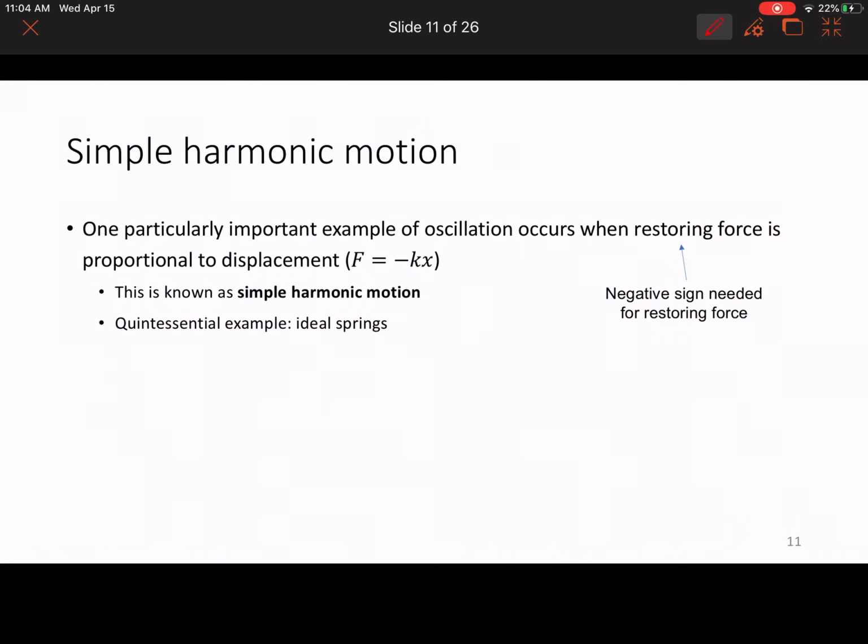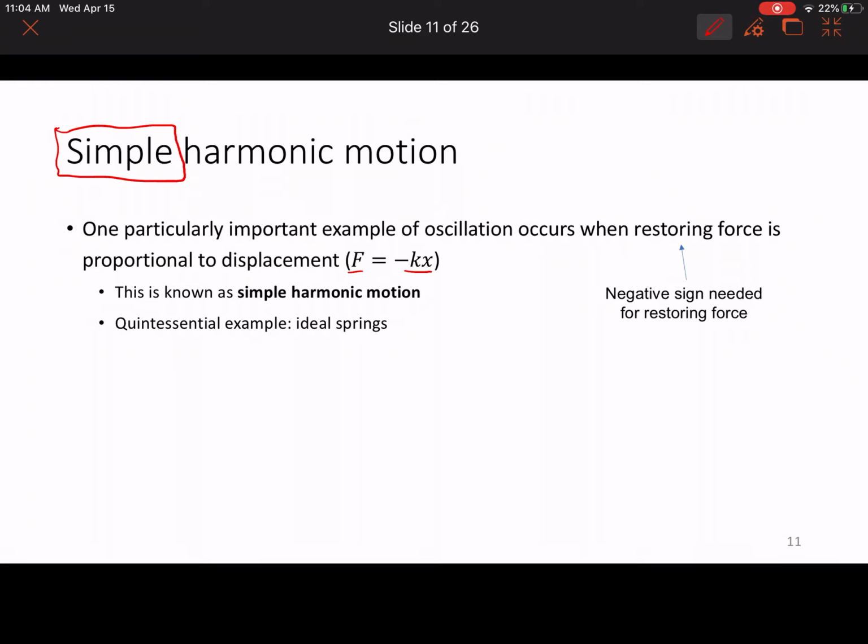Now the rest of today's class is going to be talking about a very special, very, very important example of harmonic motion called simple harmonic motion. That word simple makes all the difference. And this is the special case where the restoring force is proportional to displacement. So the restoring force is some constant times the displacement.